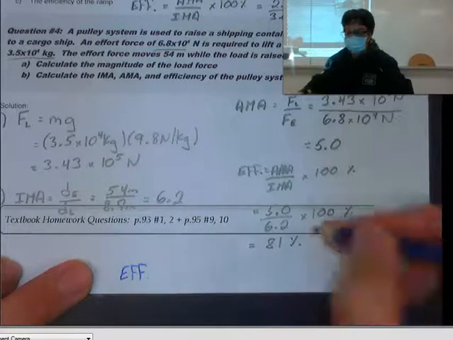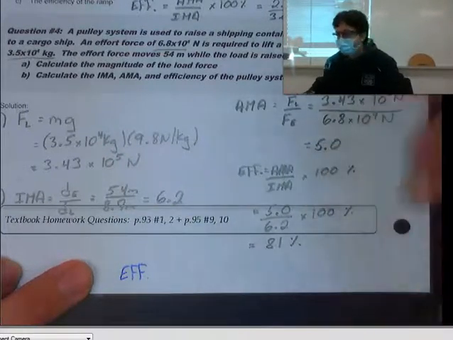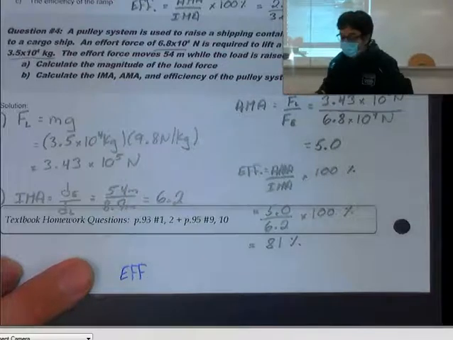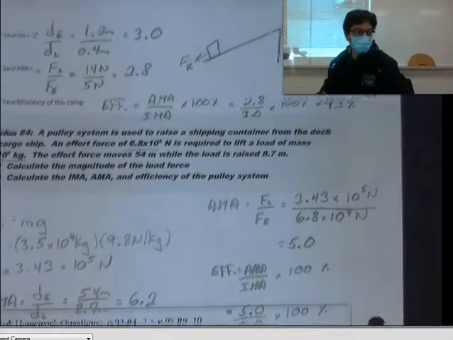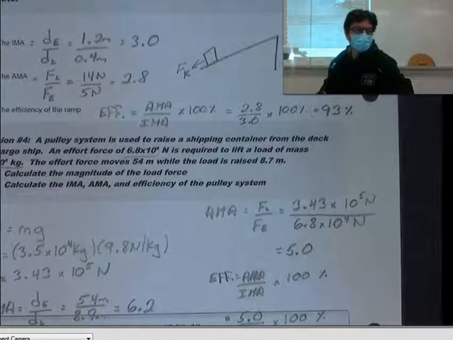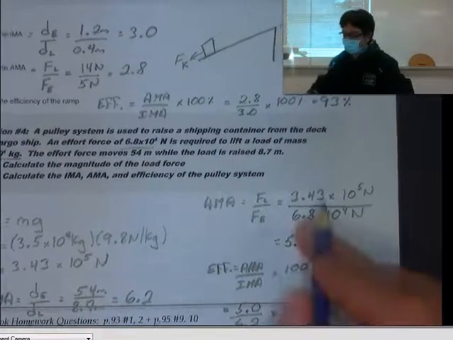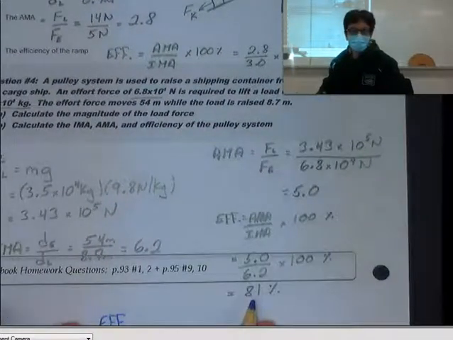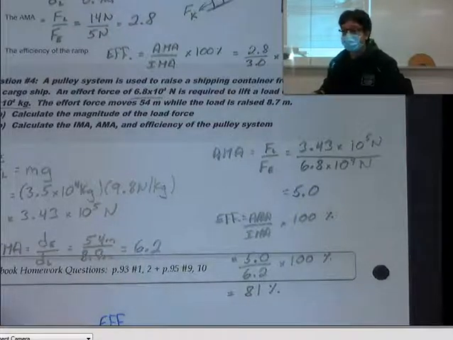So if you wanted to figure out your efficiency, I get some students adding efficiencies. Some students find the average of the two efficiencies. But what you want to do is multiply the two. Now this is very important. When you multiply percentages, you do not multiply 93 with 81. A percentage is really a decimal between 0 and 1.